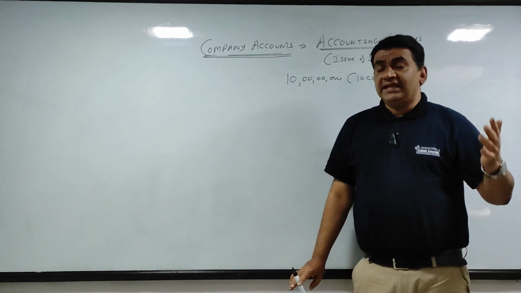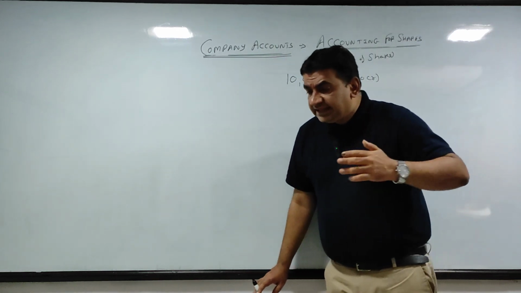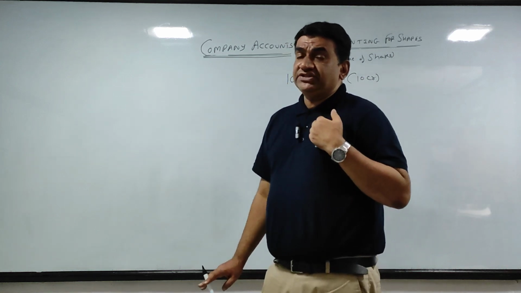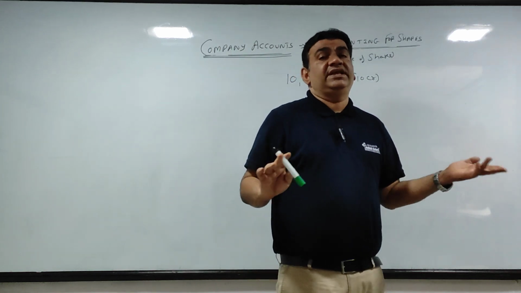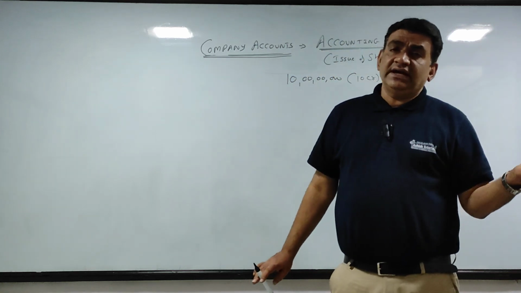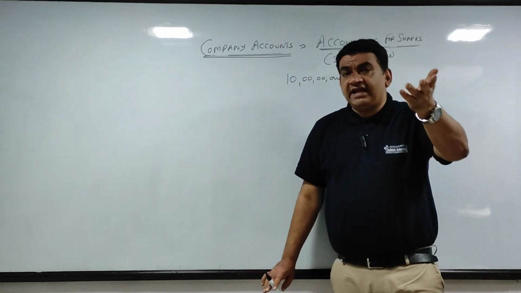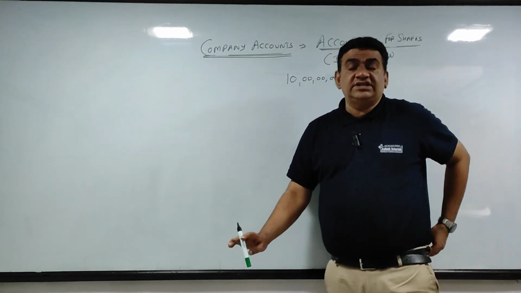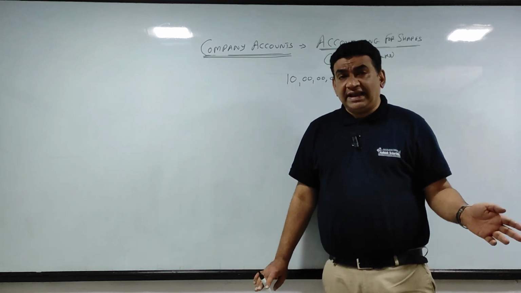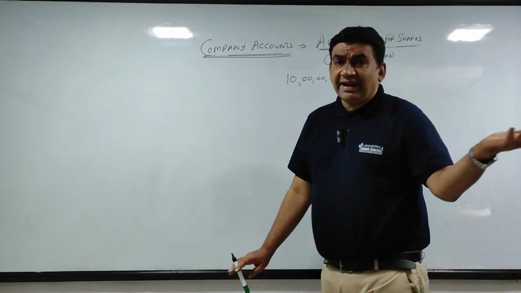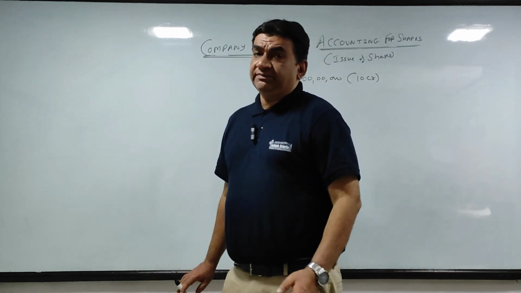They will print application forms and invite applications from the general public. People like you and me will invest. There will be some big guns too, like FIIs, foreign institutional investors. They will come and apply. You, me, common men like us will make an application.